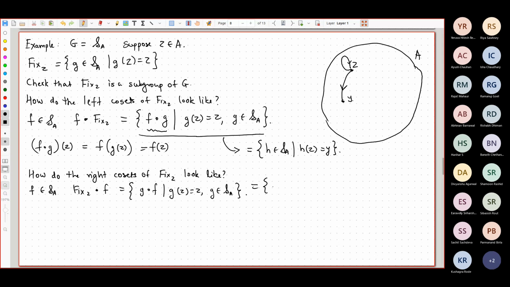So this is the set of all H in S_A such that H of X is equal to Z, where X is some fixed element. What is X in this case? X is just F inverse of Z.